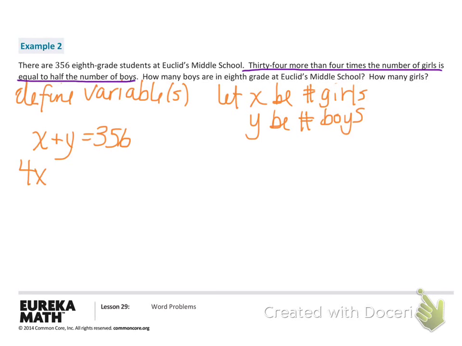X is the number of girls. 34 more than 4 times the number of girls would be plus 34. Okay, and we're told that 34 more than 4 times the number of girls is equal to something. So I can put is equal to down in my sentence, is equal to half the number of boys. So this would be 1/2 Y.